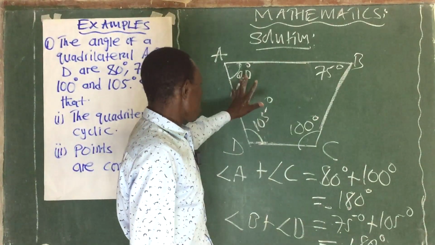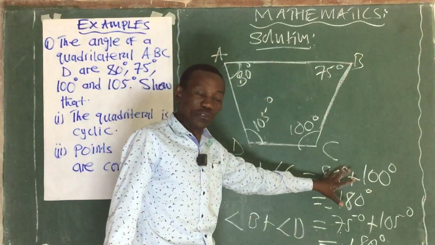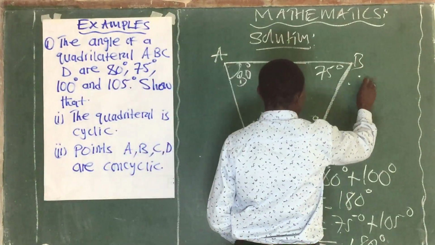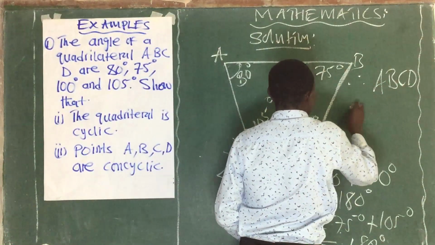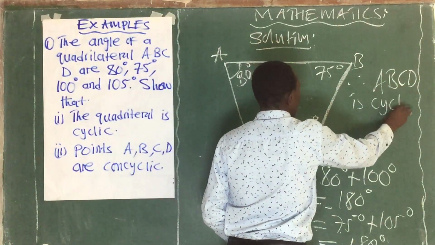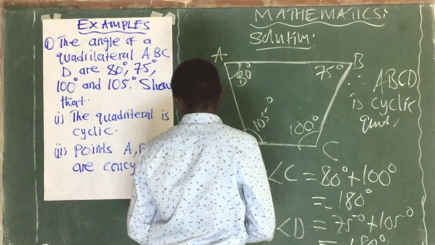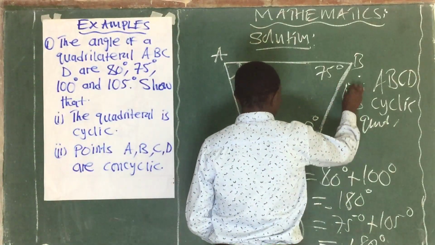So both pairs of opposite angles in this quadrilateral are supplementary. Then at the end, you deduce: therefore, ABCD is a cyclic quad. Means you have proved Question 1. That's it.